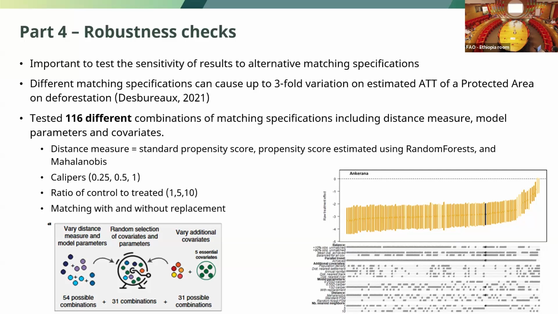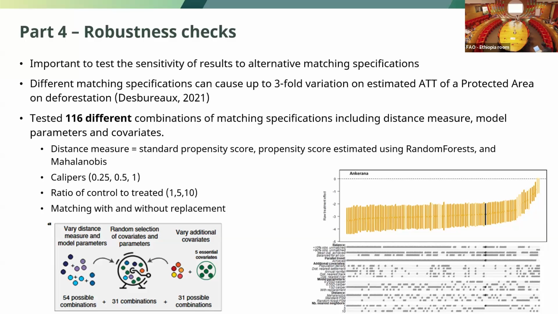So far we just run it for one set of parameters, right? Your loop's just going to test 16 different specifications with different parameters, but the full thing tests 116. So what does it test? It tests two different caliper values, 0.25 and 0.5.